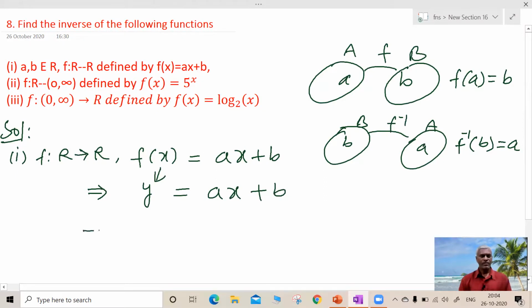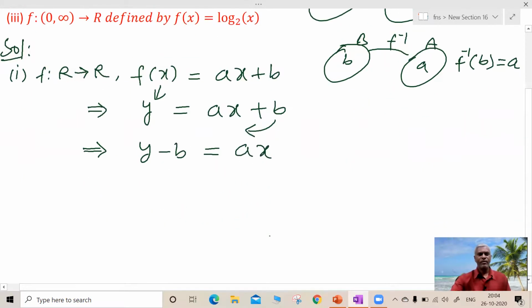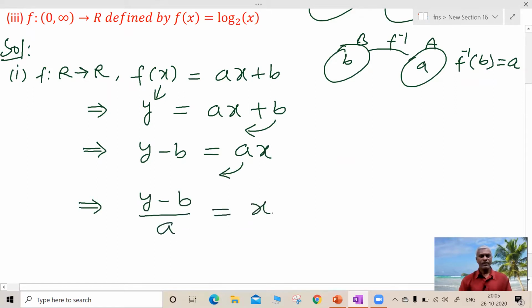So from this, if you bring b this side, this becomes y minus b is equal to ax, and also a, bringing left side, this becomes (y minus b) by a is equal to x.